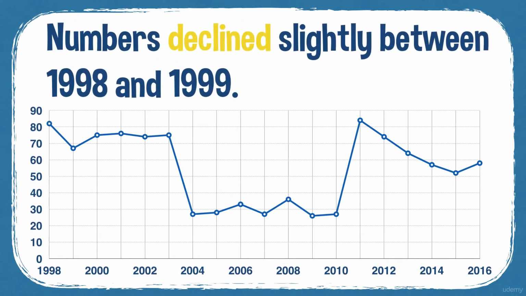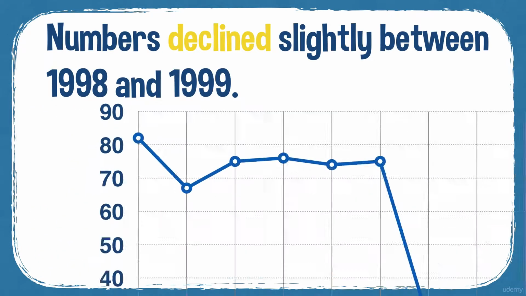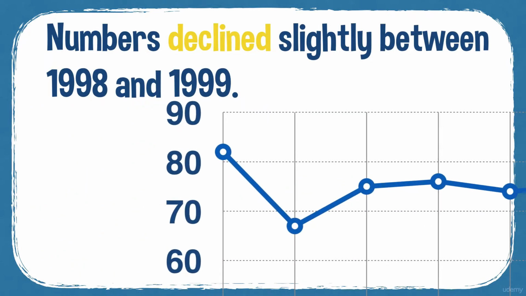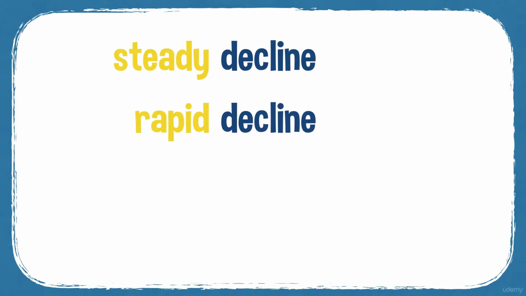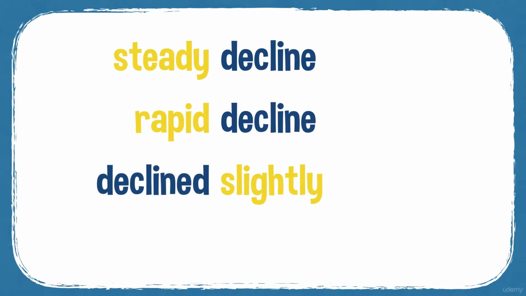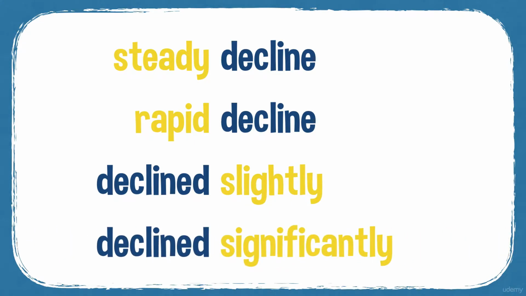Numbers declined slightly between 1998 and 1999. Steady decline is a very common collocation. Rapid decline. So if you're using decline as a verb, declined slightly, declined significantly.